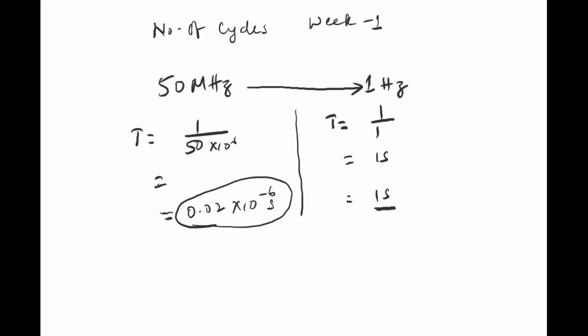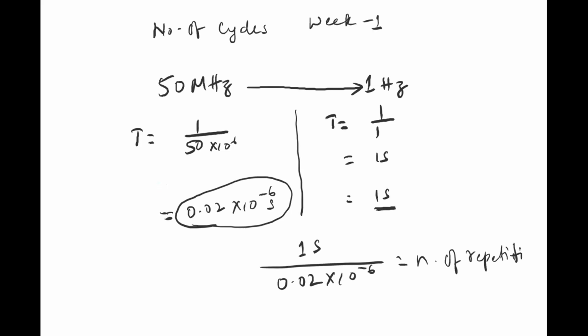The way we do it is we say 1 second divided by 0.02 into 10 power minus 6, which will give us the number of cycles, or the number of repetitions of this particular clock inside this 1 second cycle. Is this part clear for everyone? We'll get to why we are doing it, but do you understand the math so far?